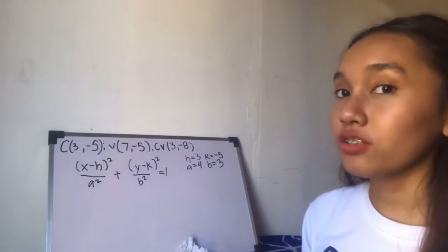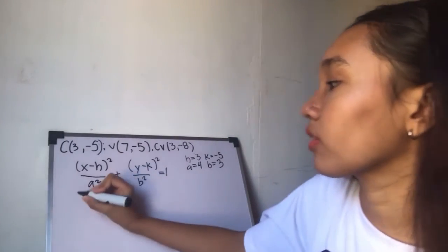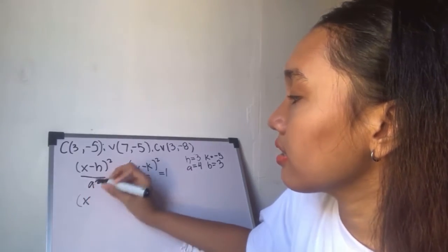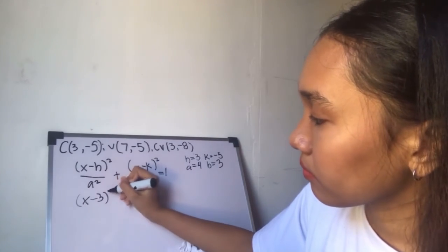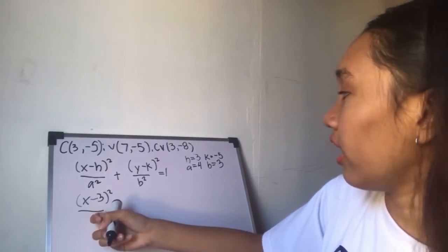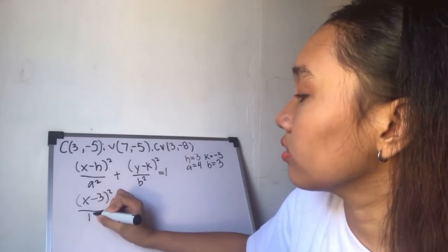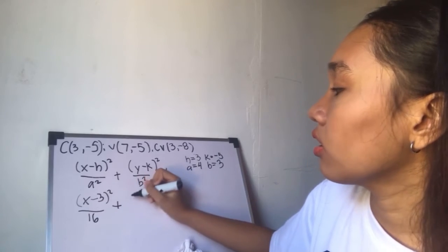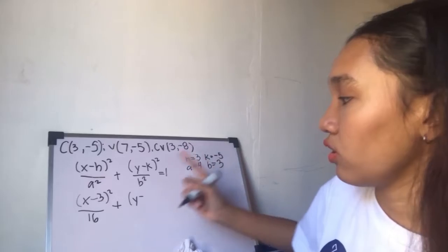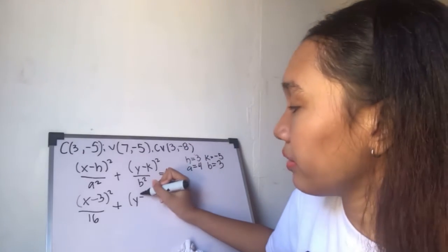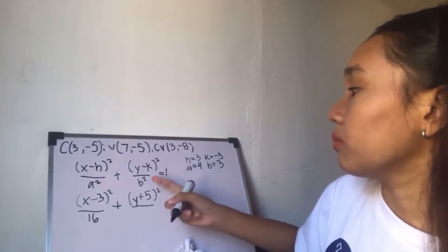Now that we have all the values needed, we can substitute them into the equation. x minus the value of h, which is 3, over a squared, the value of a is 4, 4 squared is equal to 16, plus y minus k, the value of k is negative 5, so this will be positive 5, squared over b squared.